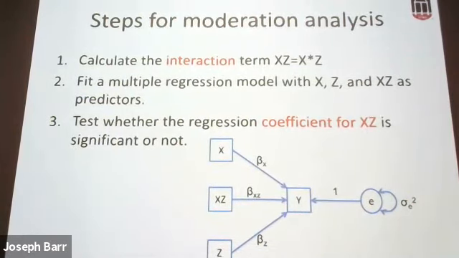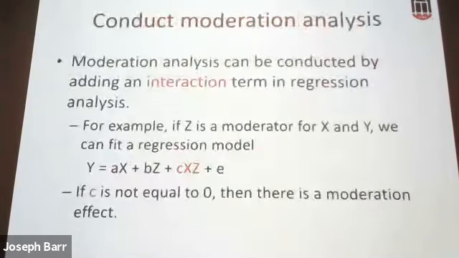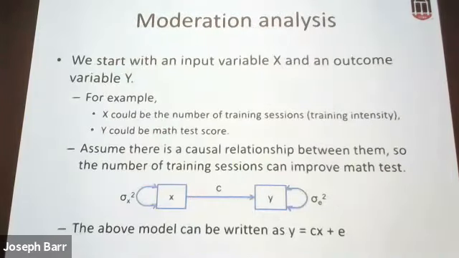The original path diagram, this is under the assumption that there is a relationship between X and Y, right? Yes. If you don't consider Z, if Z is not there, you just consider these two, you're going to investigate the original coefficient.